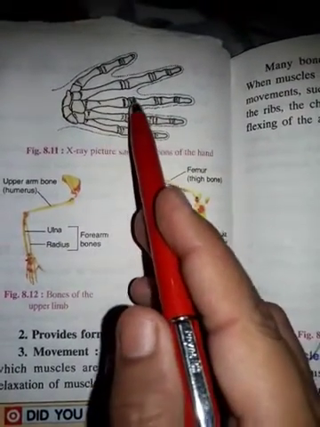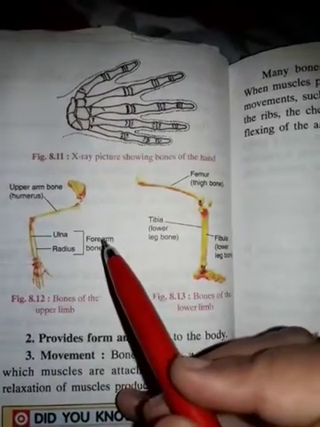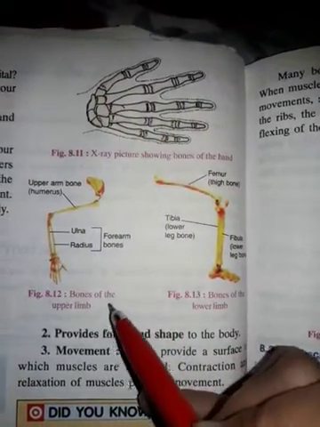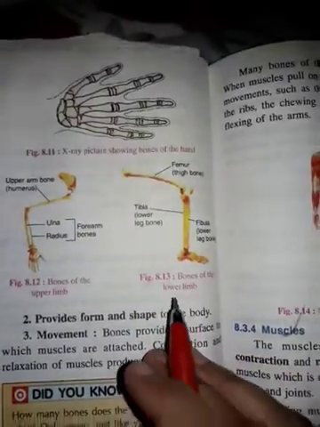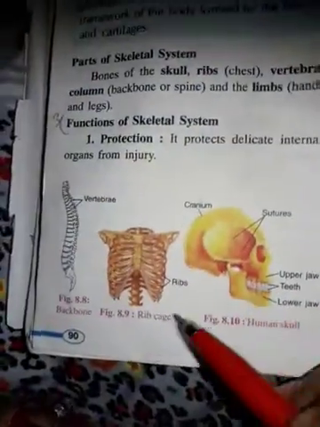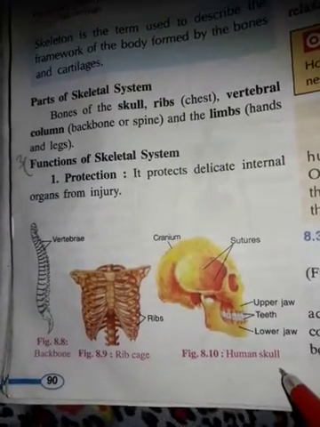This is the bone, and this is the joints, and bones of the upper limb. This is the bones of the upper limbs and bones of the lower limb. And here you can see the backbone and rib cage, human skull.